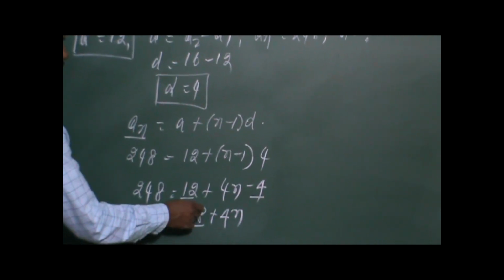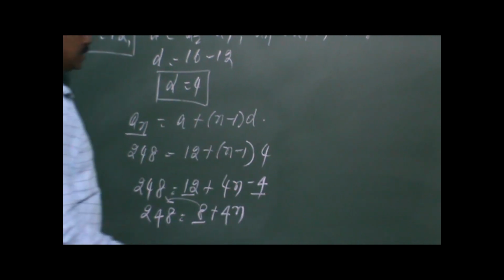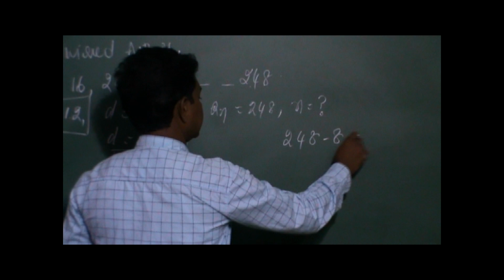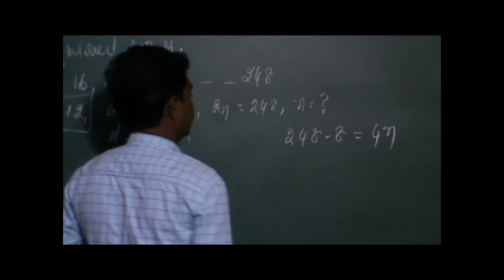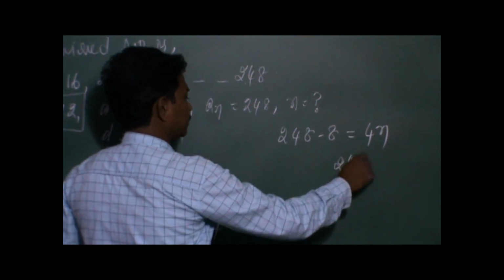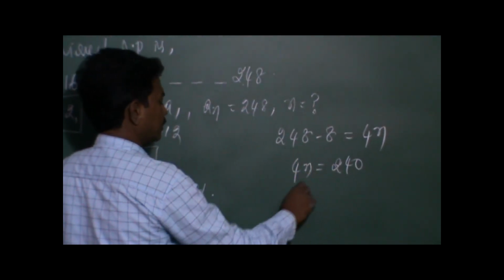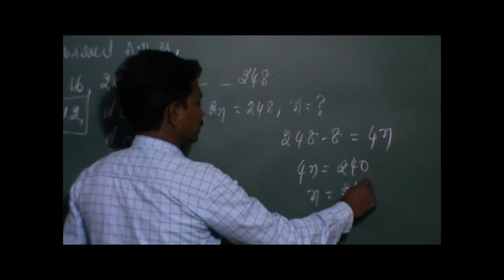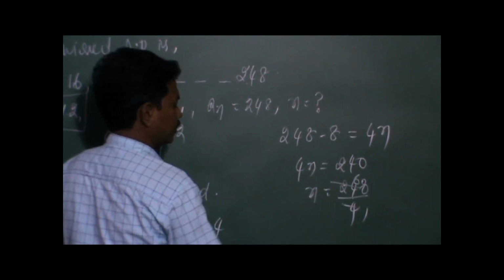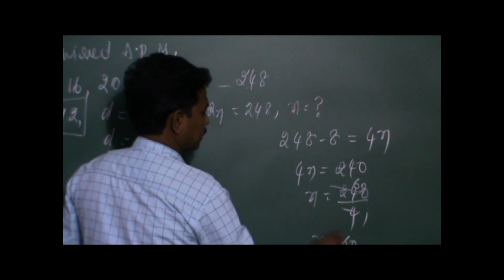So transpose this constant 8 to the LHS. So that becomes 248 minus 8 is equal to 4n. 248 minus 8 is 240, which is equal to 4n. So n is equal to 240 by 4. 4 ones are 4, 4 sixes are 24, so 240 by 4 is 60. So n is equal to 60.